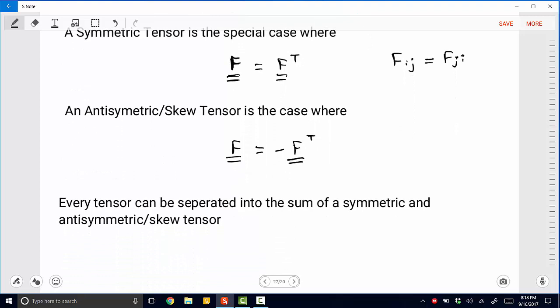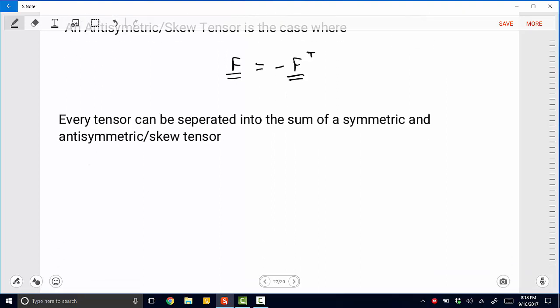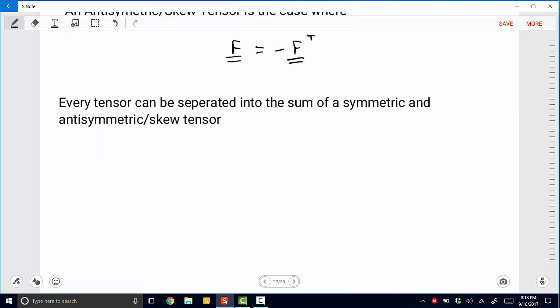Now the cool thing is that if we have a tensor which is linear, homogeneous, and a vector valued function, then we can separate every tensor that meets those rules into a symmetric portion and an antisymmetric portion.